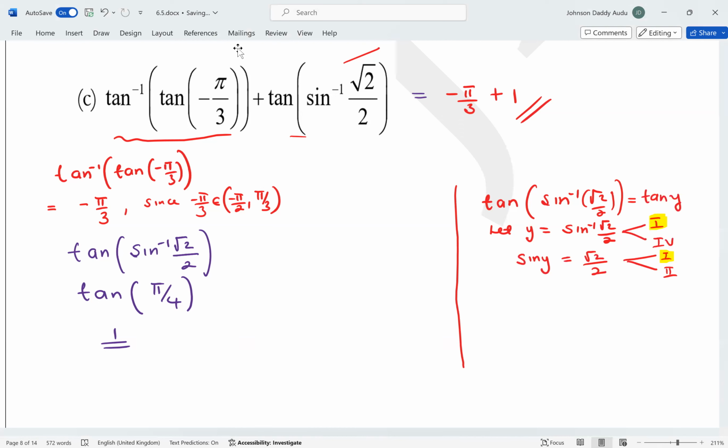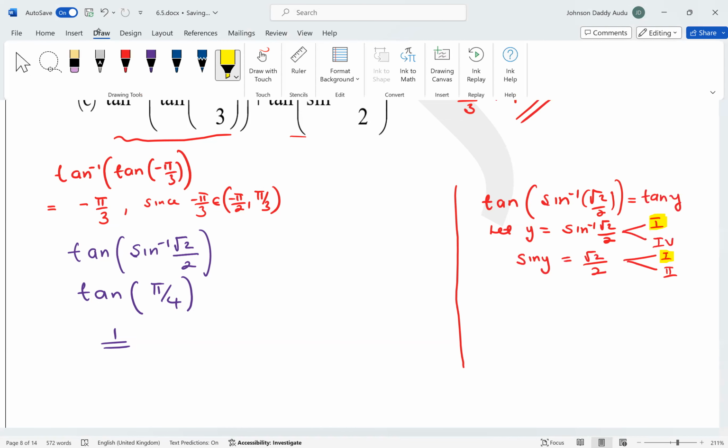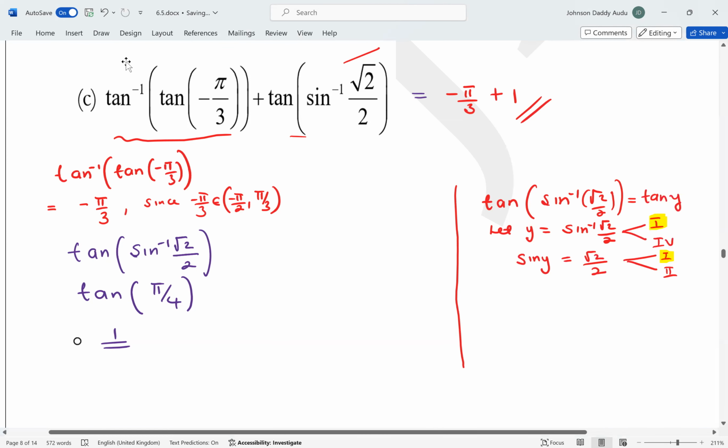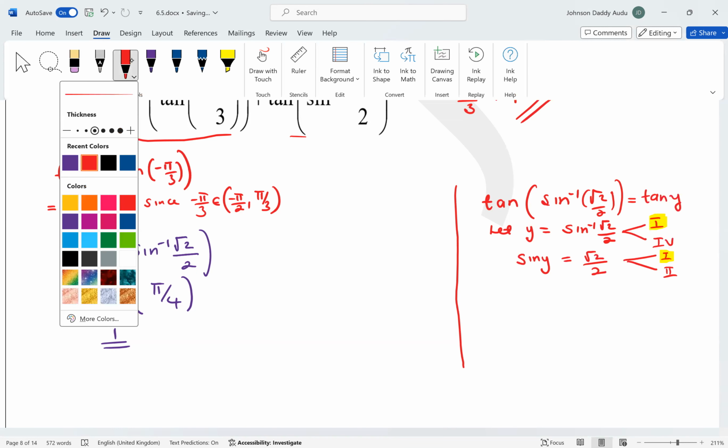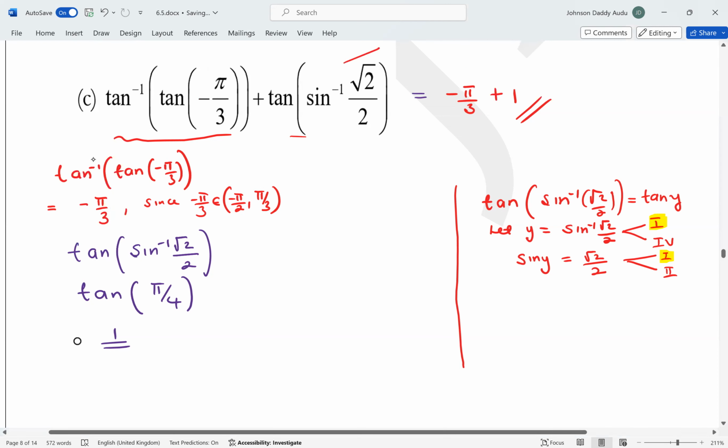Now at this stage, we have more than one way to solve this. We can find y, since root 2 over 2 gives rise to a famous angle, or we can just draw the diagram.